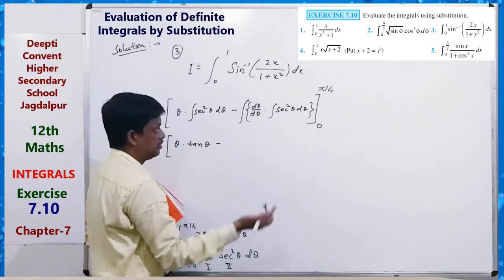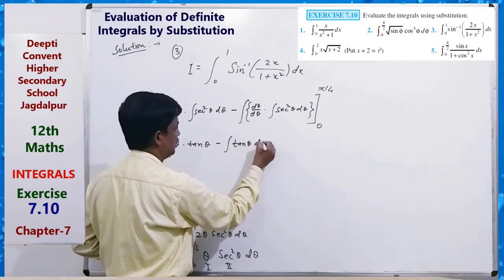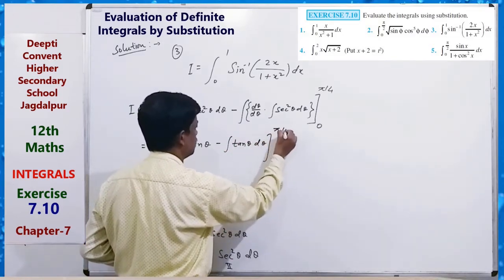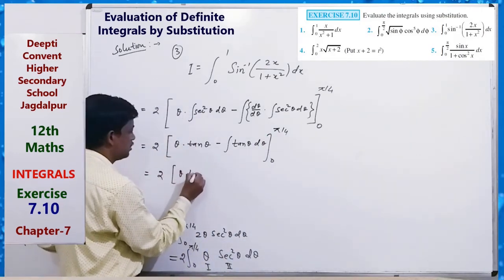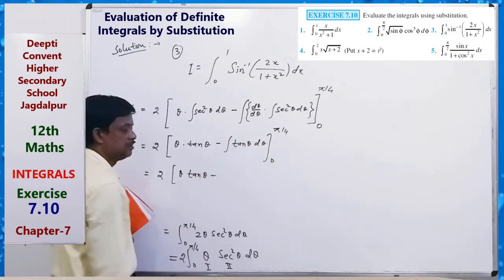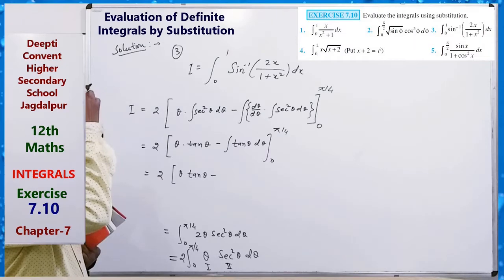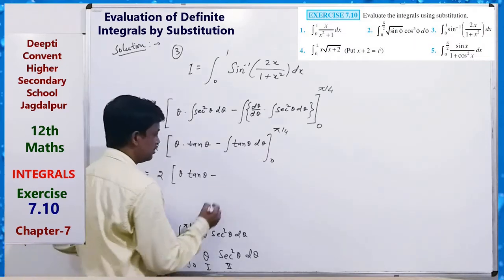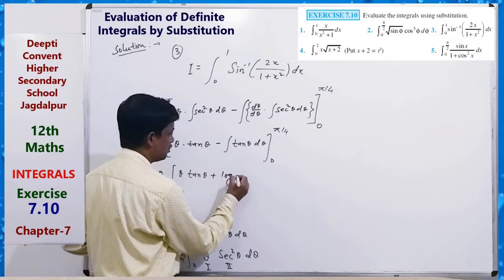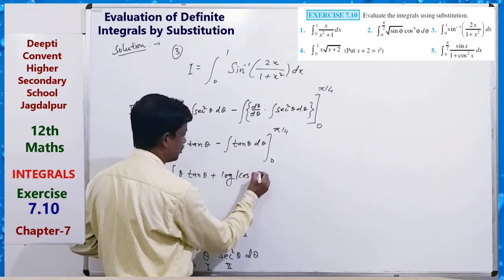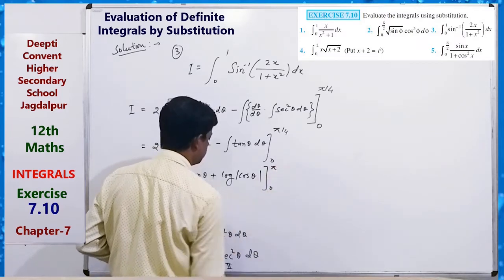The derivative of theta is 1, so the integration of tan theta d theta, limit is 0 to pi by 4. So here 2 times theta tan theta minus integration of tan theta, which is minus log cos theta, so plus log cos theta, 0 to pi by 4.